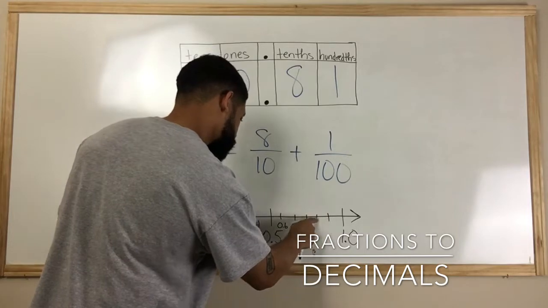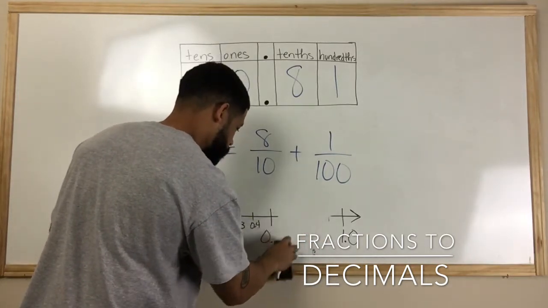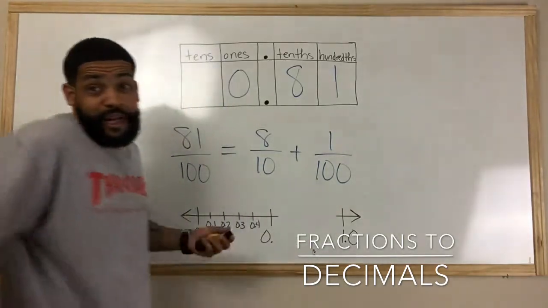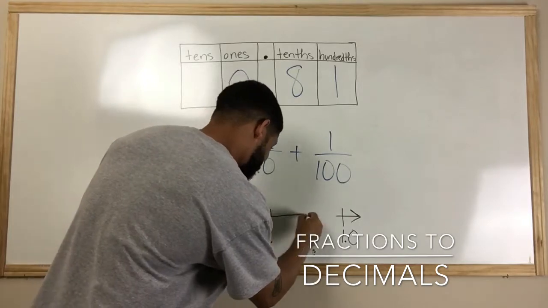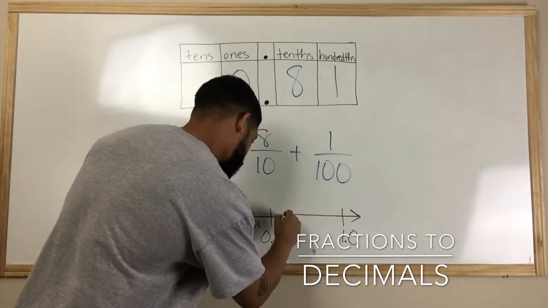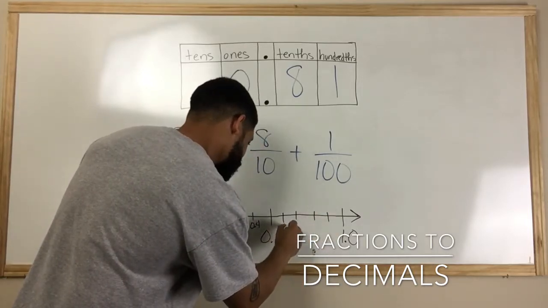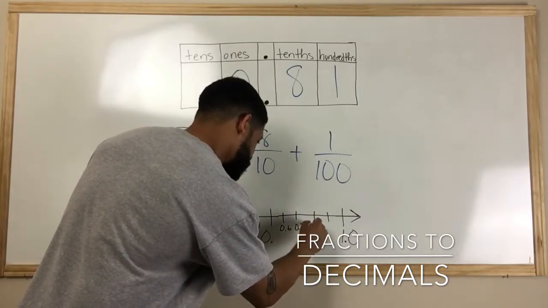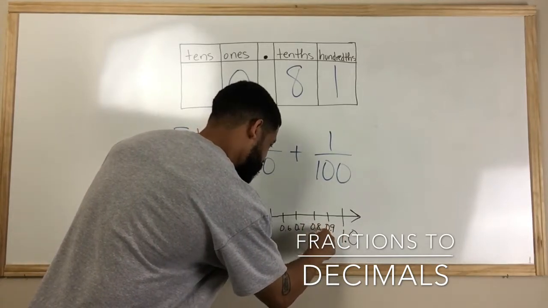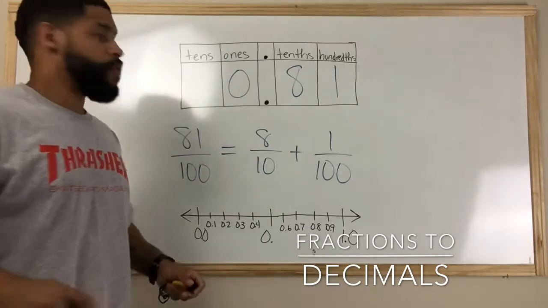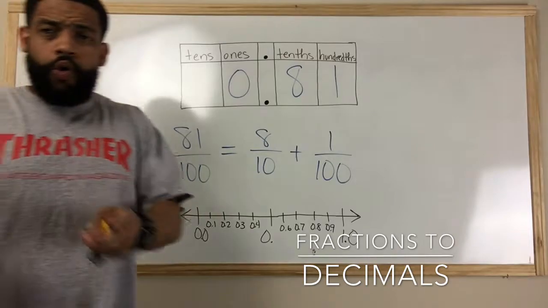I kind of stretched it out a little bit. Let's correct that for a second. I'm entitled to 3 mistakes a week, so it's all good. All right, so 6/10, 7/10, 8/10, and then 9/10.